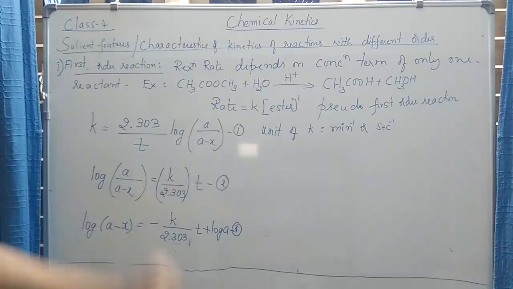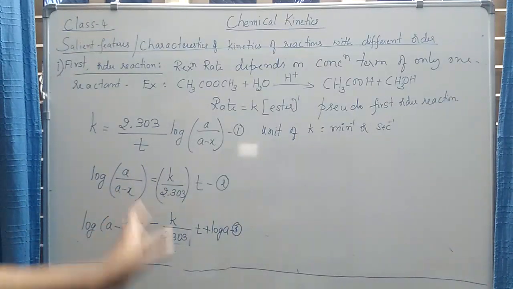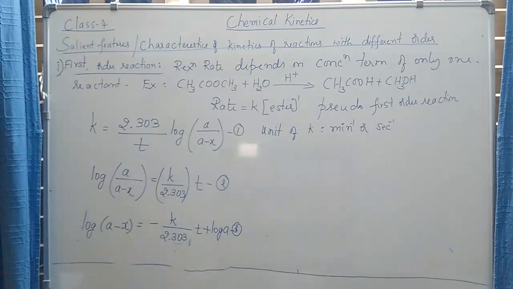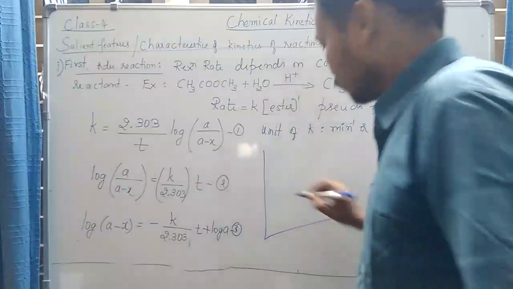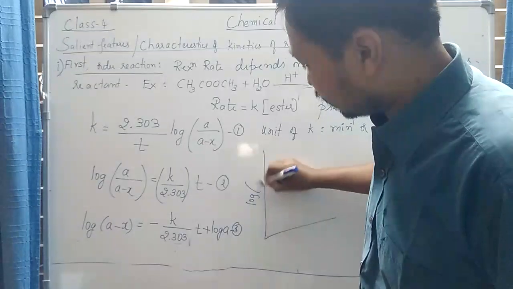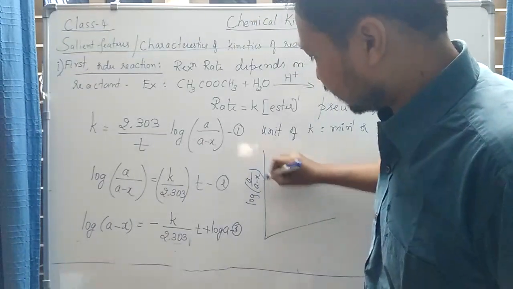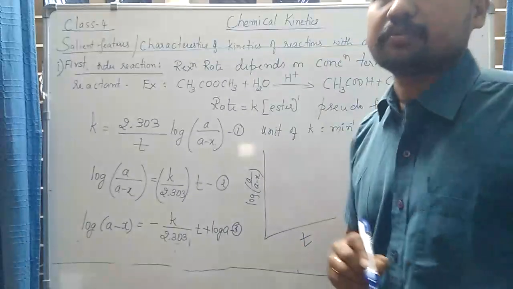So you can choose equation 2 to plot a graph for a first order reaction, because it represents a straight line passing through the origin. What we do is, at different intervals of time, find out either the value of x and then calculate a minus x, or directly find out experimentally the value of a minus x, and then plot a graph of log of a by a minus x versus t.